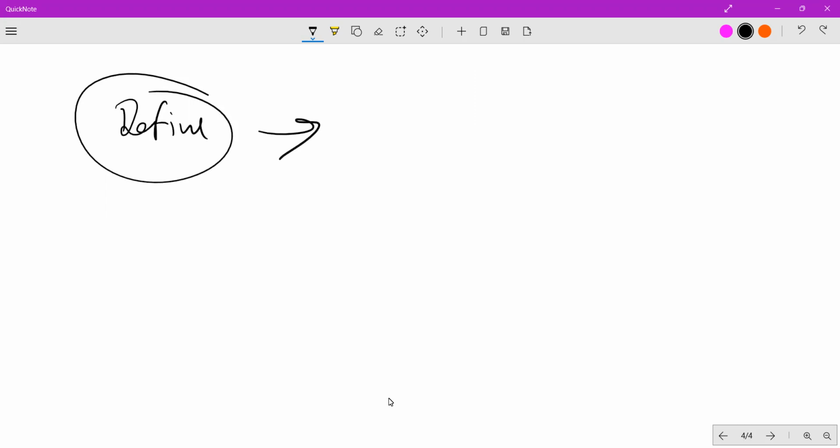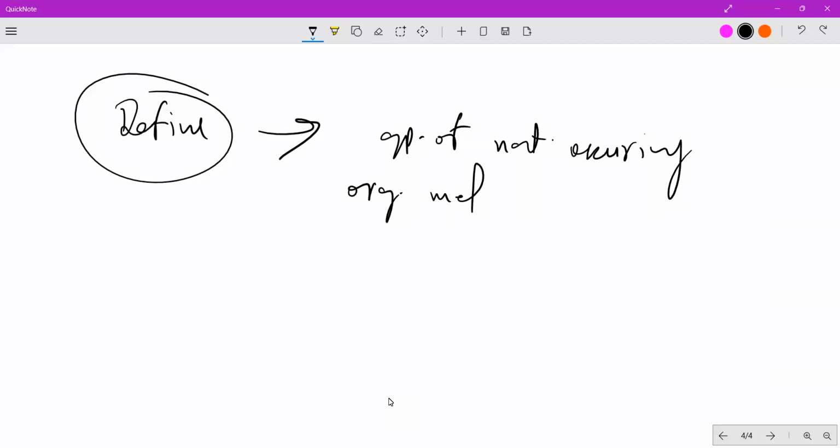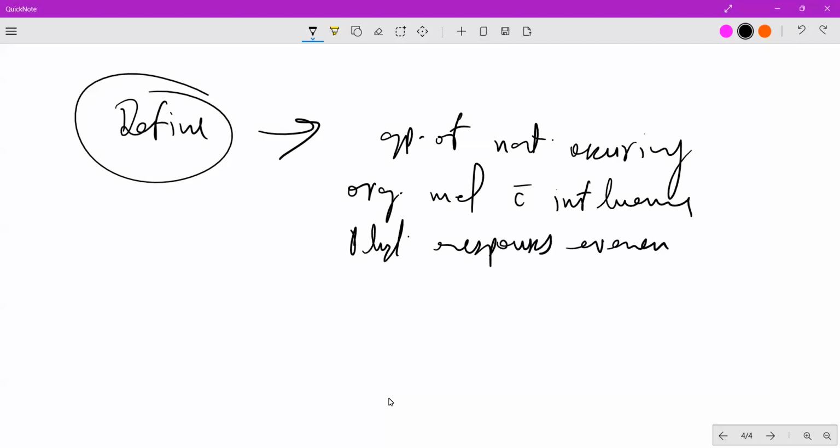Very simple definition. They are a group of naturally occurring organic molecules which influence physiological responses even at very low concentrations, even at micromolar concentrations.